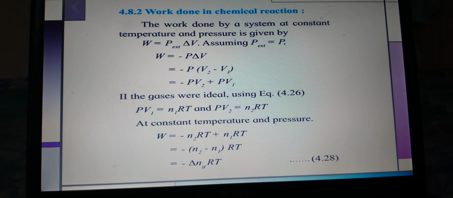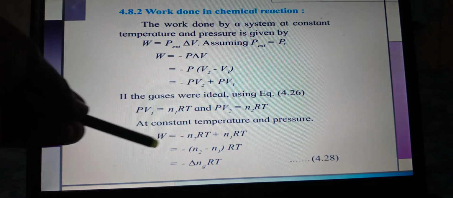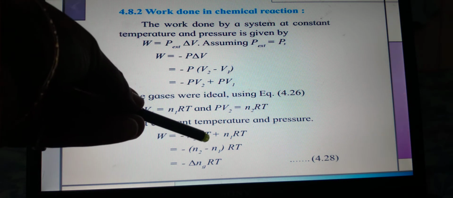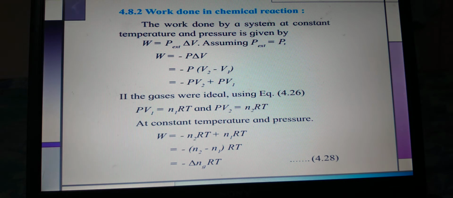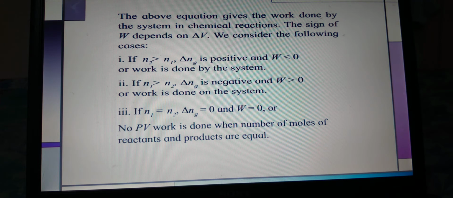Substitute in the above formula once again: W is equal to minus N2RT plus N1RT. Now take the common term RT outside. We get minus (N2 minus N1) RT. N2 minus N1 means delta N, as we just saw. So we write minus delta Ng RT, where again the subscript G indicates the gaseous term. This is the equation which gives the work done by a system in a chemical reaction.